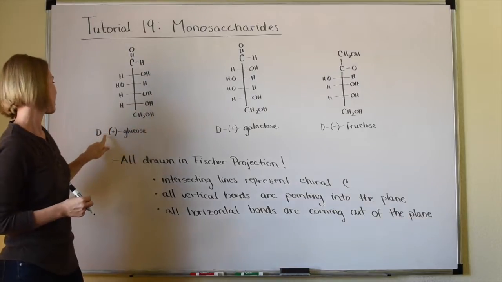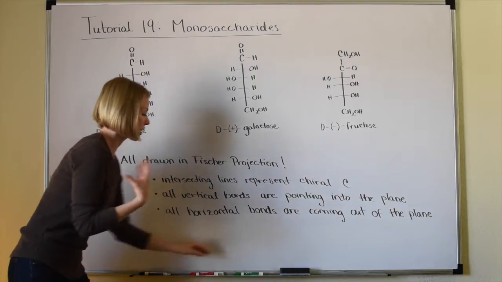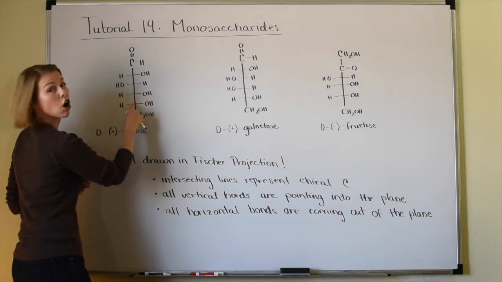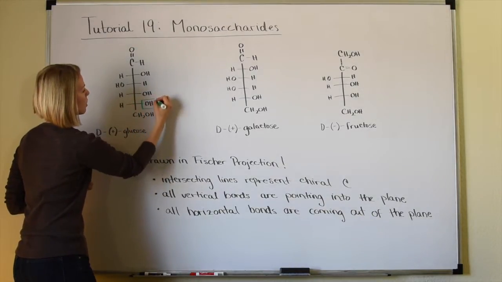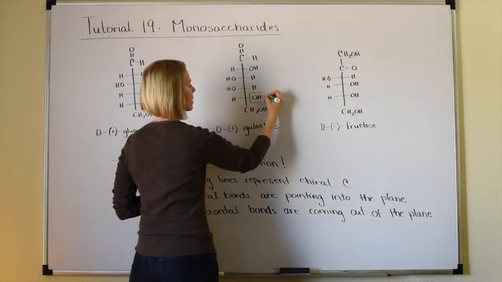Okay, so you already can see that these are all the D enantiomers. The reason that they are the D enantiomer is because they all have the lowest chiral carbon with a hydroxyl group on the right. So I'm just going to circle that for all of these.